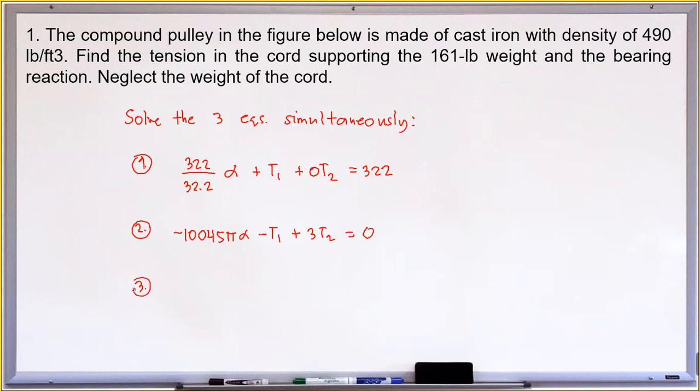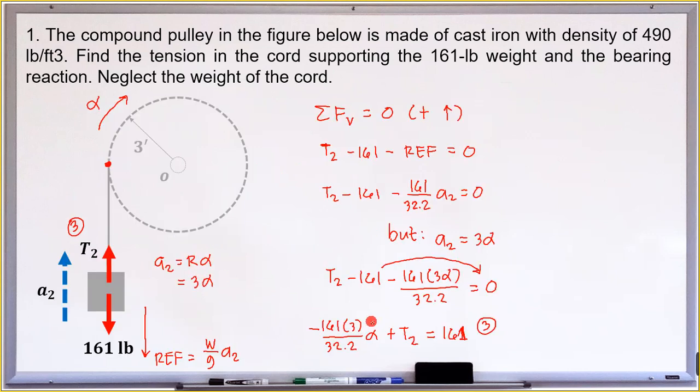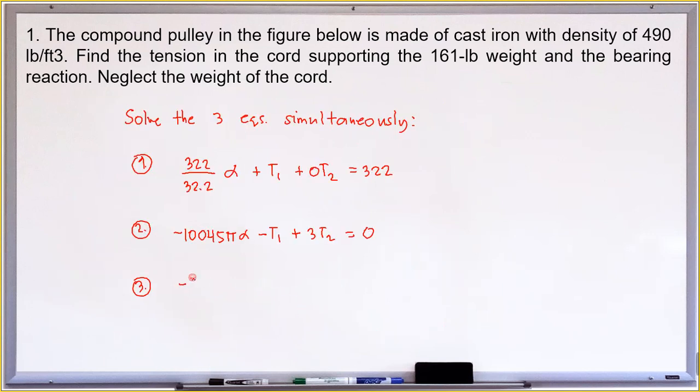And then for the third equation, negative 161 times 3 over 32.2 alpha plus T2 equals 161. So we have plus 0 T1, wala siya T1, plus T2 is equal to 161. Sakto ba? Okay, so sakto.